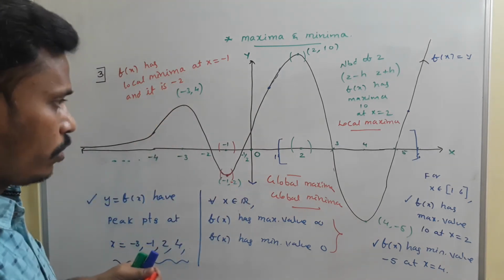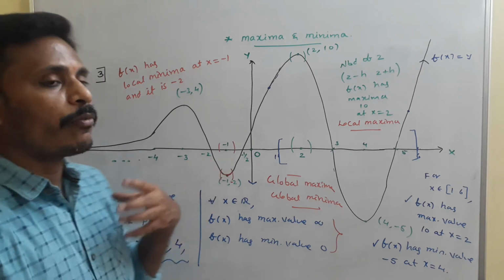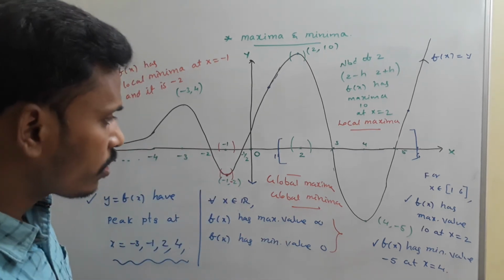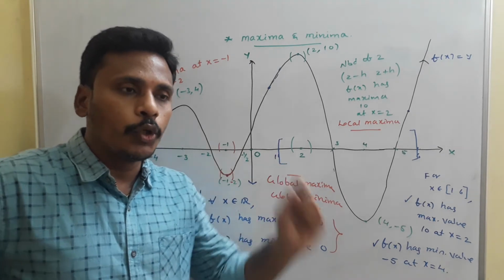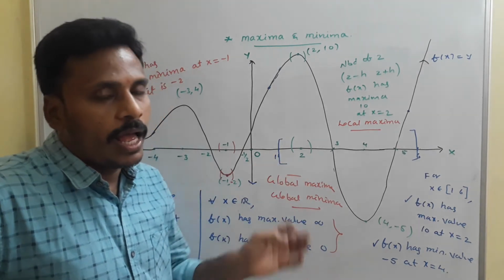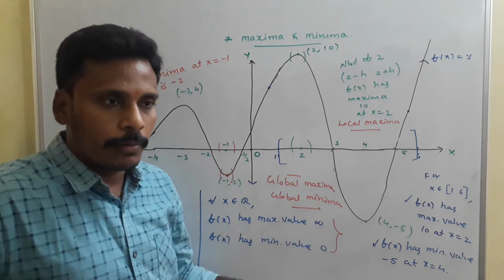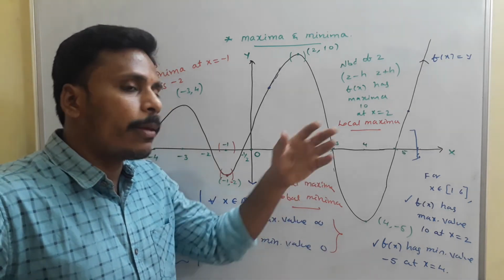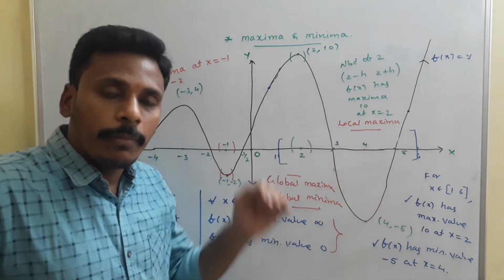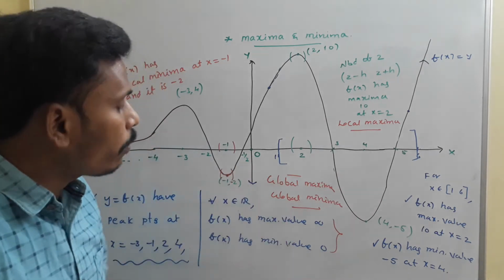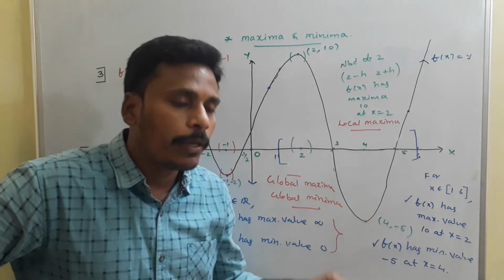Once again you just look there. From this graph, what I am trying to insist on is the words where we need to use global maxima and global minima, as well as the words where we need to use local maxima and local minima. What is meant by maxima, what is meant by minima, as well as what is meant by global maxima and global minima.